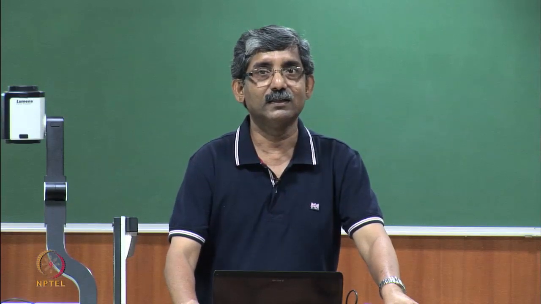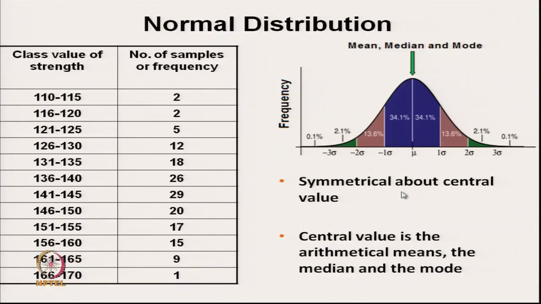So, what is the nature? At the center, the central value is actually coinciding. That means this is the mean, this is the median and this is the mode, with the maximum frequency. So, maximum frequency is at the center.